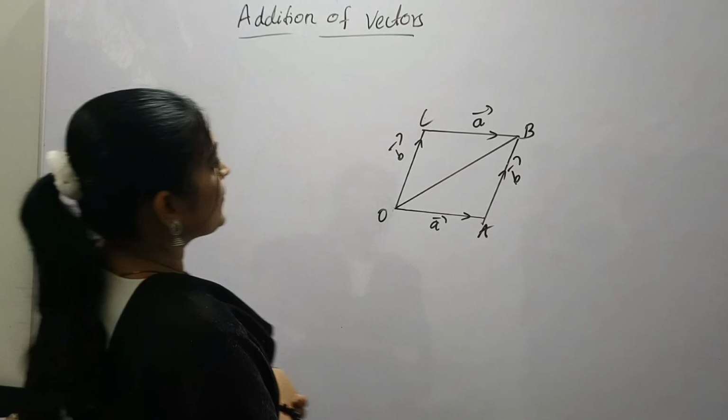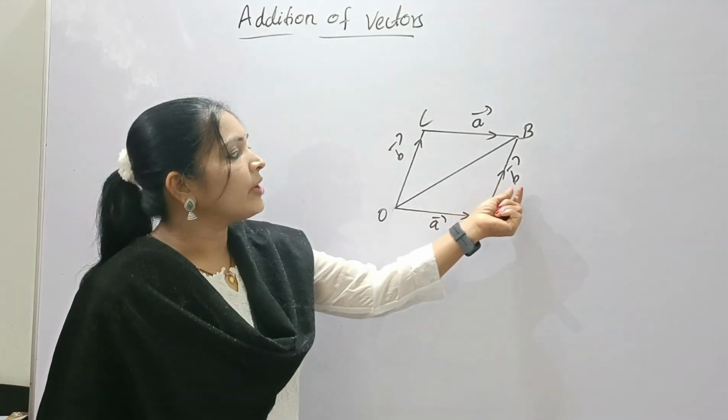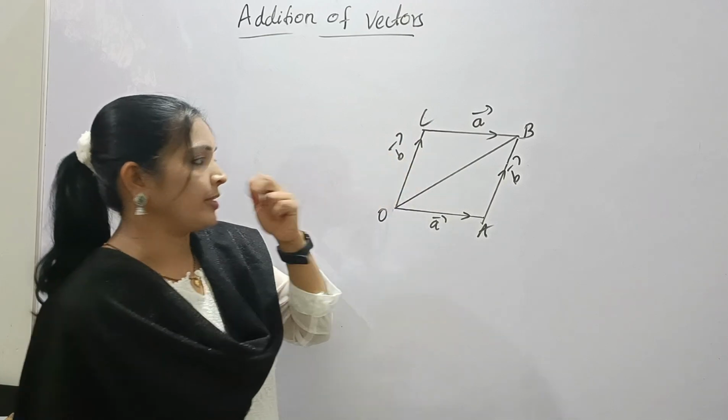Look at this figure. Here it's a parallelogram with vector A and vector B on opposite sides.